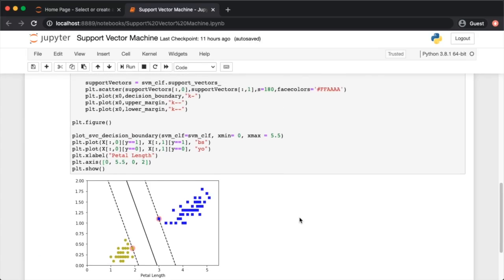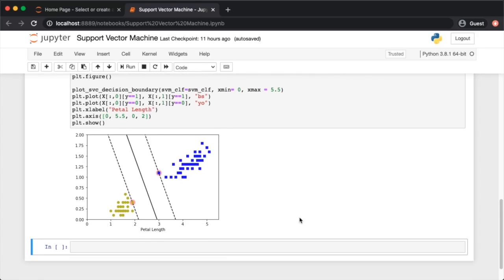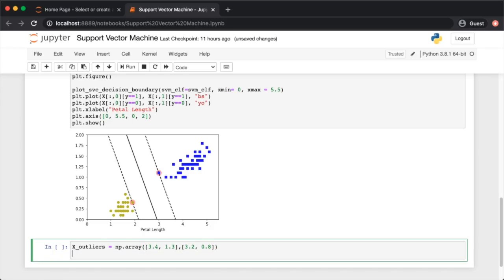Okay, now let's see what happens when I add some outliers to my data. Let's say I've got 2 outliers. Say the first point is 3.4, 1.3, and the second one is 3.2, 0.8. They're both classified as yellow circles, that are class 0.